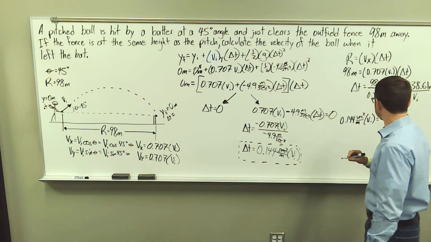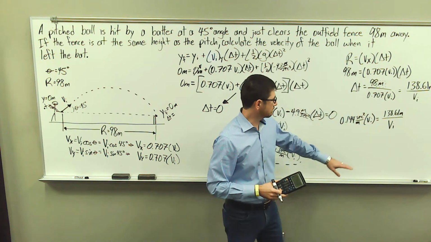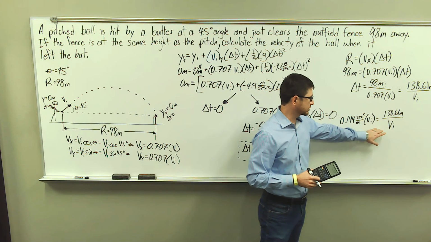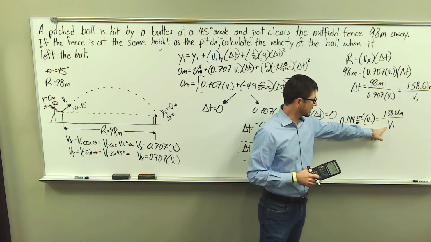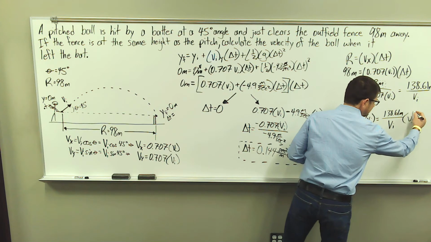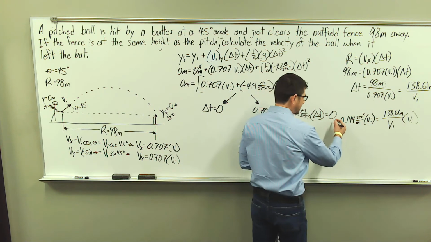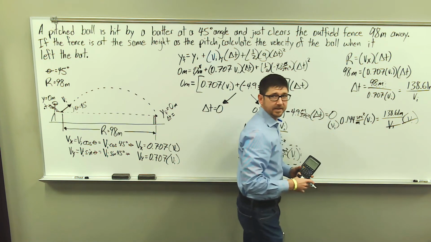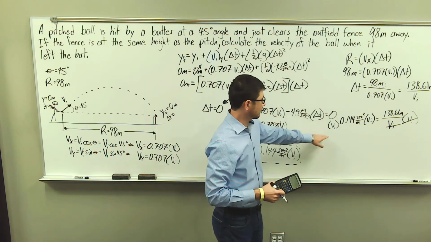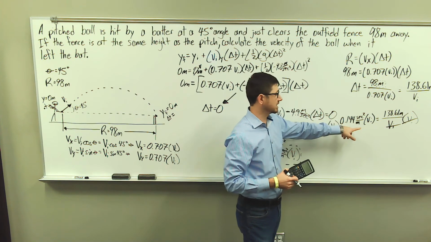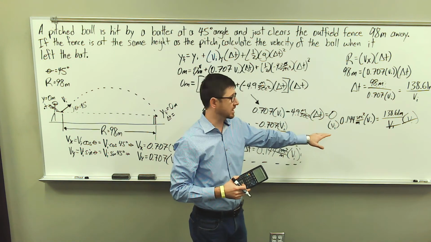Okay? So what I want to do is multiply both sides of the equal sign by initial velocity. And so on the right hand side we have initial velocity in the denominator. So to get rid of it, we're going to multiply both sides here by initial velocity. And so on the right hand side, that cancels out. Now we know on the left hand side, initial velocity times initial velocity is going to give us initial velocity squared.